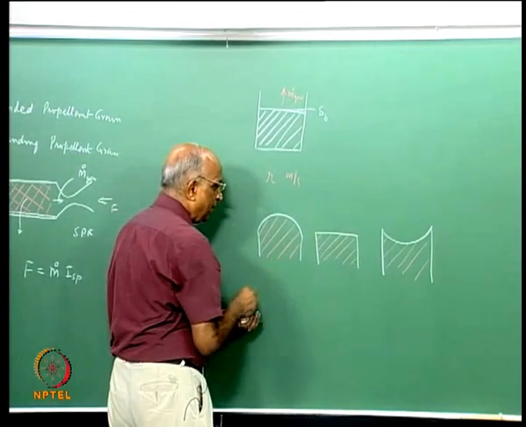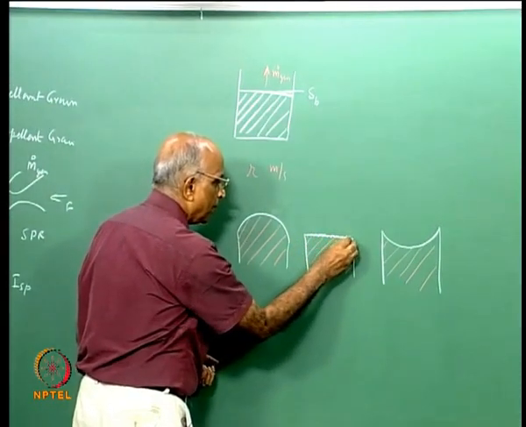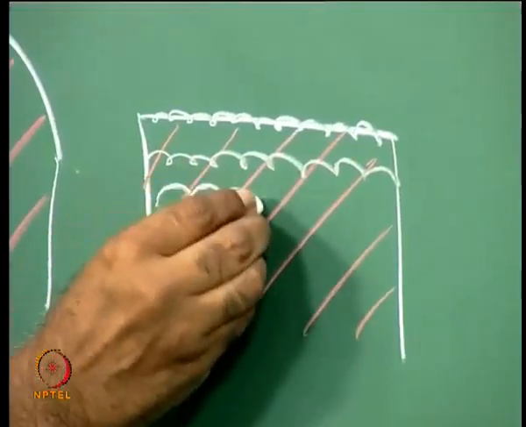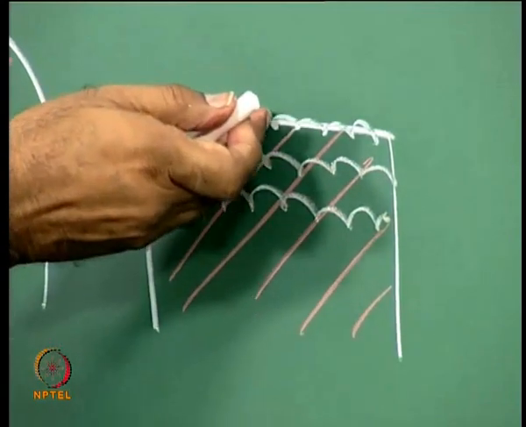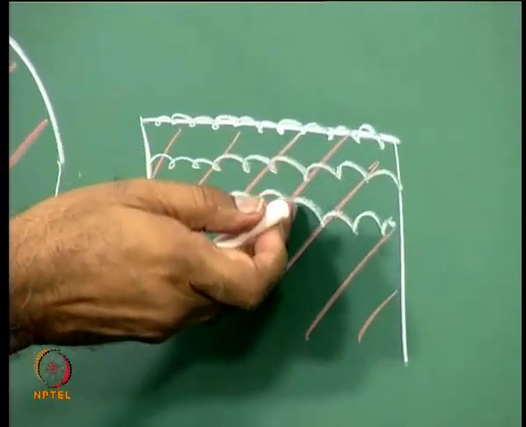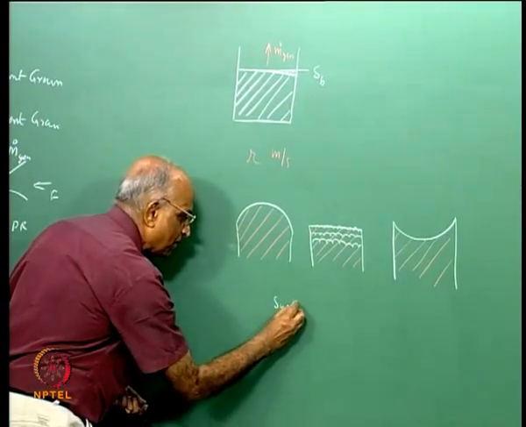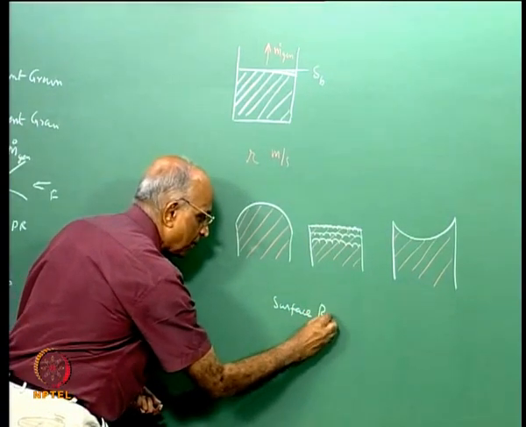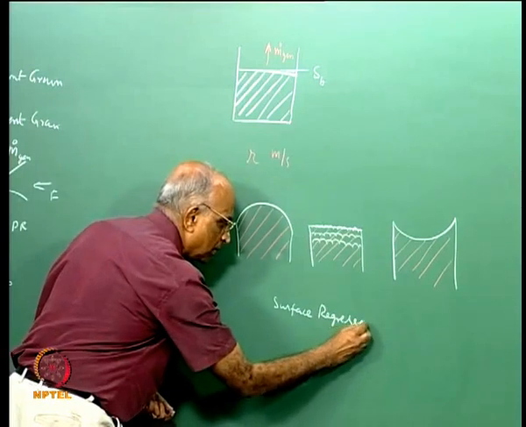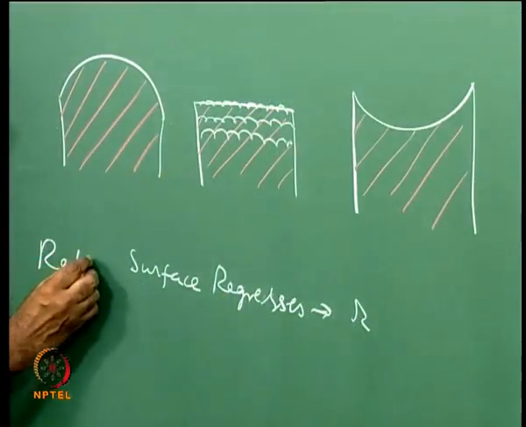When I start burning at the surface over here, at the next instant the flame comes over here, and then it comes over here. In other words, the burning progresses into the propellant. As it burns, it eats more and more, and the rate at which the surface regresses is what we call the burning rate, the rate at which the surface regresses.